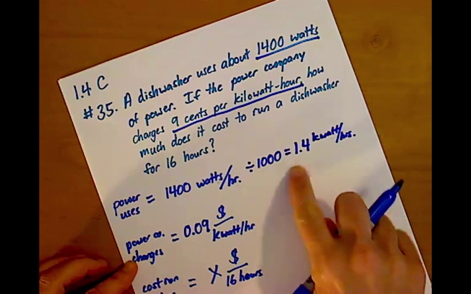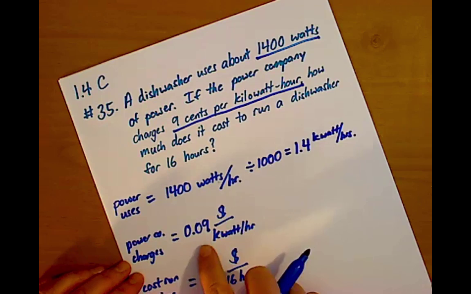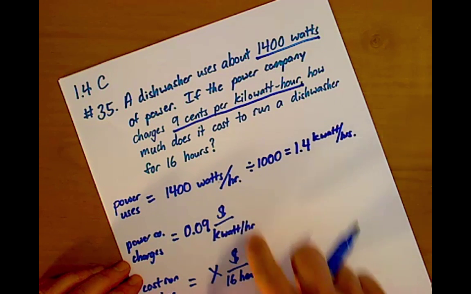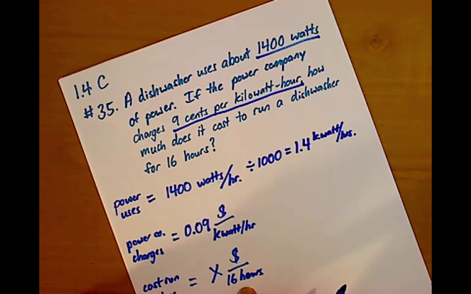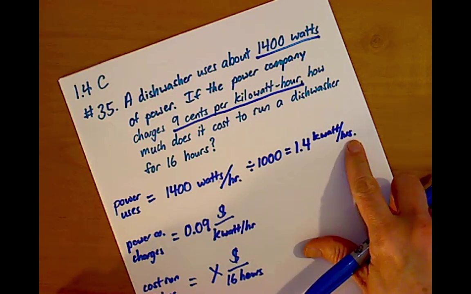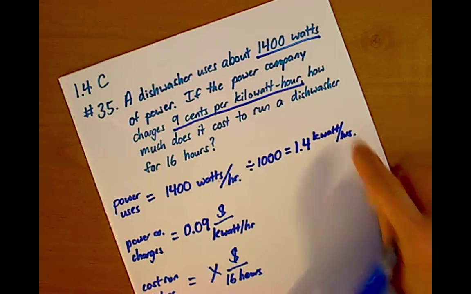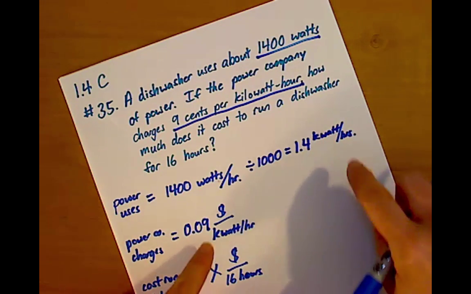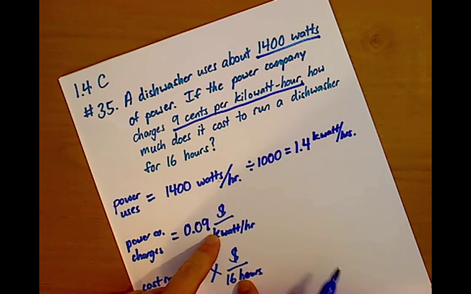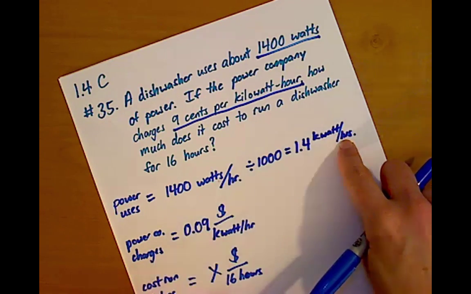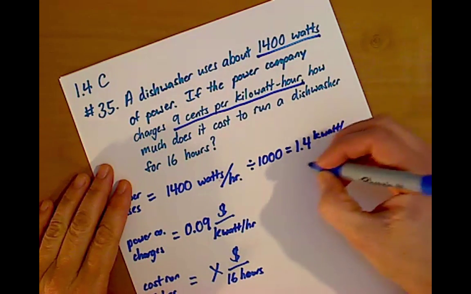All right. 1.4 kilowatt hours, and we have 9 cents per kilowatt hour, and we want to know for 16 hours. Now this is how much for 1 hour. Why don't we change this one to 16 hours, and then it should be really easy to get this one down here. So if this is for 1 hour, we're going to multiply that by 16.